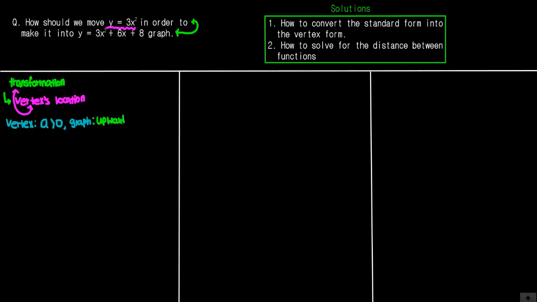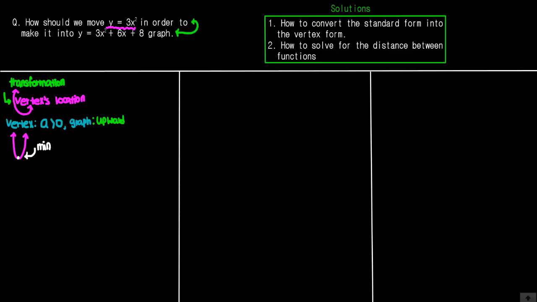When the graph goes upward, for example, looking like this, the quadratic function will only contain a minimum point, which we also call the lowest point of the graph.